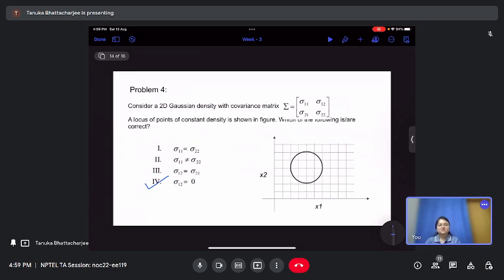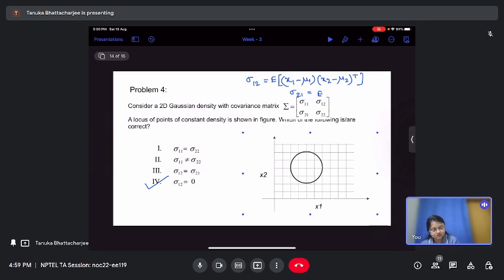Sigma 1 2 and sigma 2 1 are in essence the same, because sigma 1 2 is the expectation of (x1 minus mu1) times (x2 minus mu2), and sigma 2 1 is the expectation of (x2 minus mu2) times (x1 minus mu1).